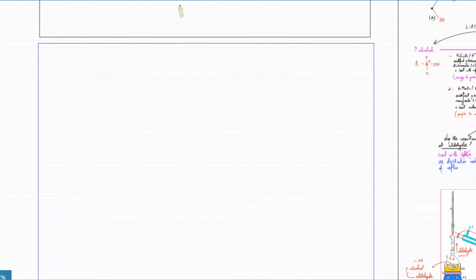Let's quickly do all the reactions of aldehydes and ketones, the carbonyl compounds. They don't have a lot of reactions. The first one is 2,4-DNPH, and this is specifically for carbonyl compounds. Carbonyl compounds are two types of compounds. One of them is an aldehyde, the other is a ketone.